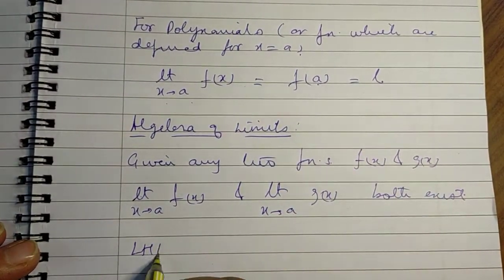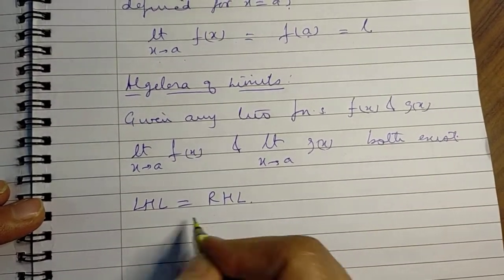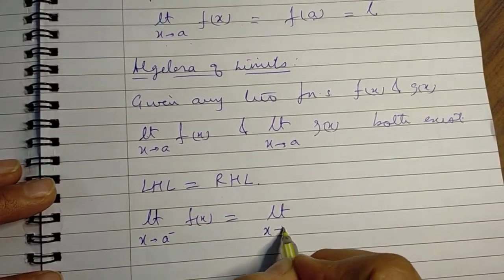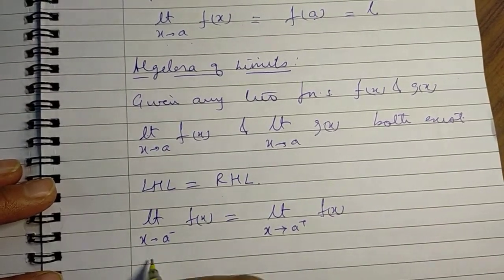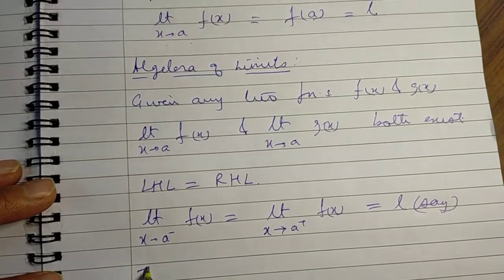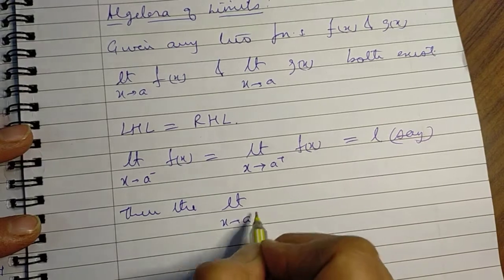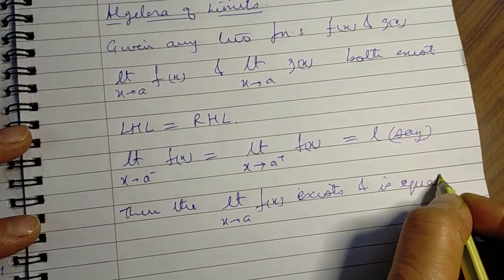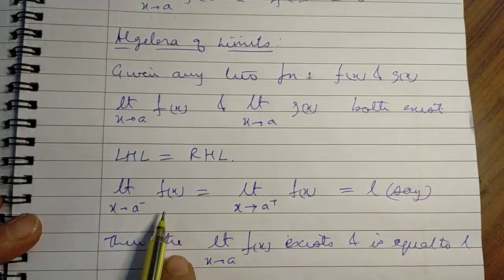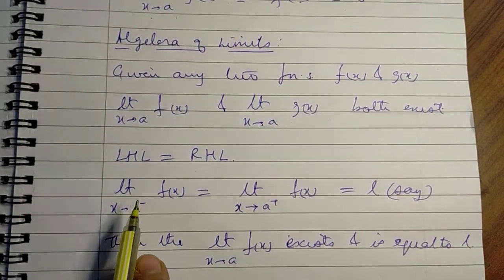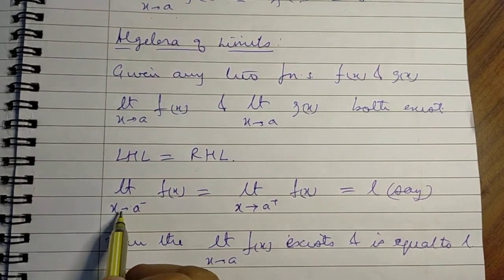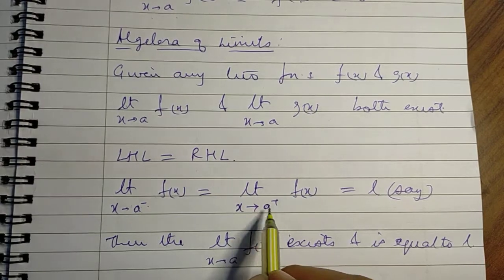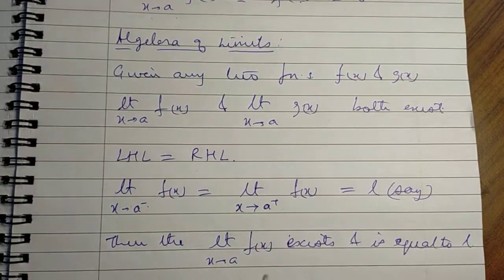So the left hand limit should equal the right hand limit, and we write it as limit x tending to a minus of f(x) equals limit x tending to a plus of f(x) equals L. Then the limit as x tends to a of f(x) exists and is equal to L. The left hand limit is written as a minus, which indicates values of x less than a approaching from the left, whereas approaching a from the right means from values more than a to a.